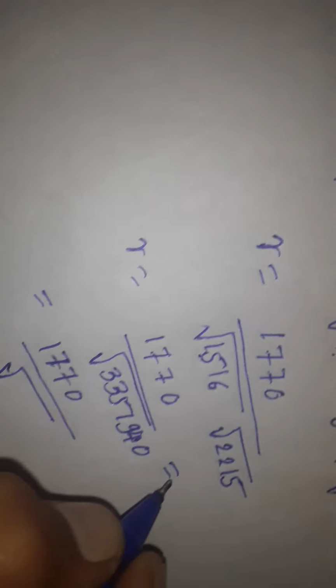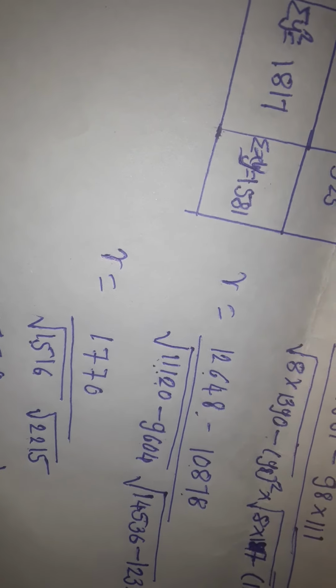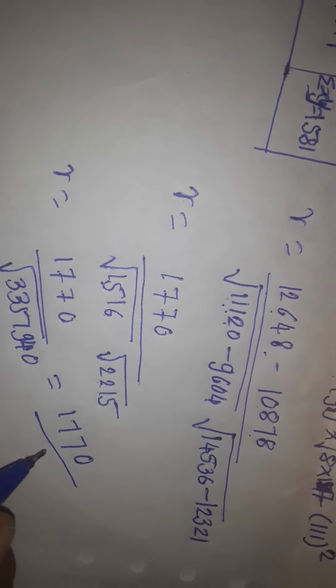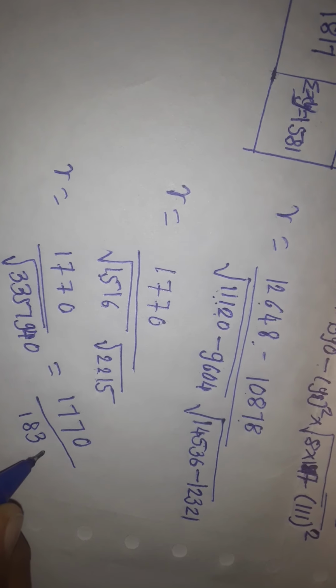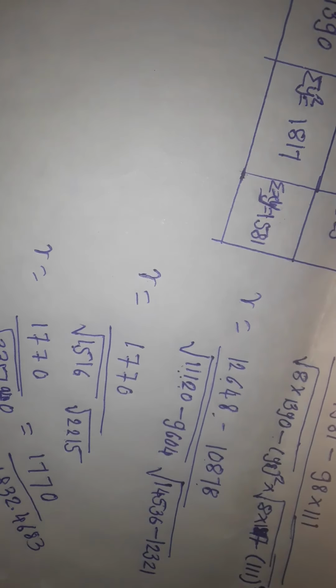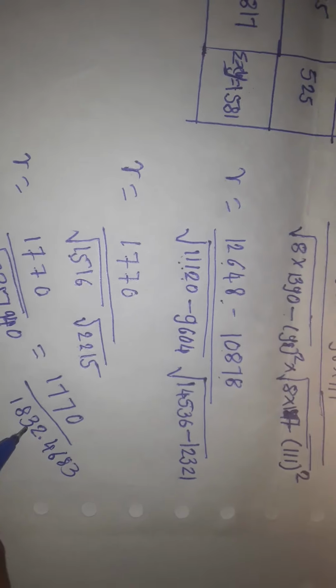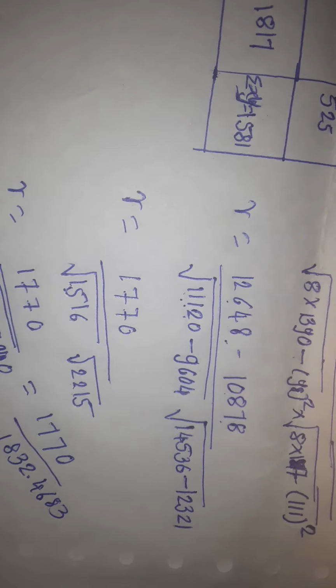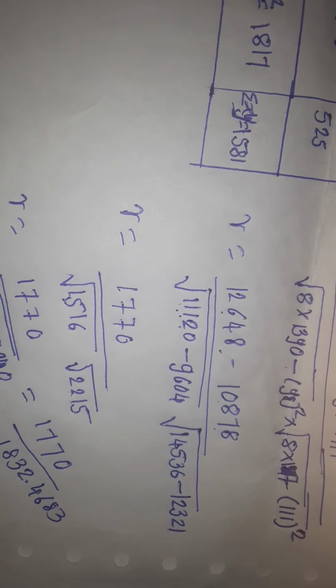Find out the square root of it, which is 1,832.4683. Then 1,770 divided by 1,832.4683 is equal to 0.9659.